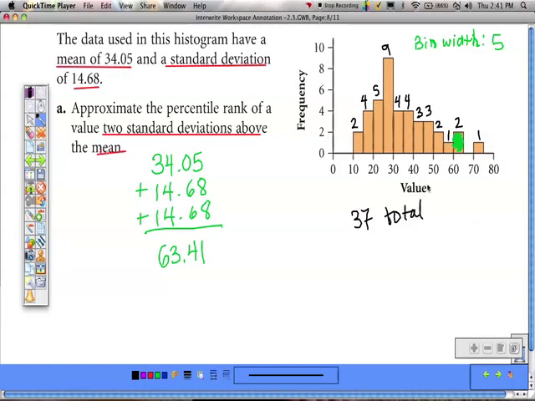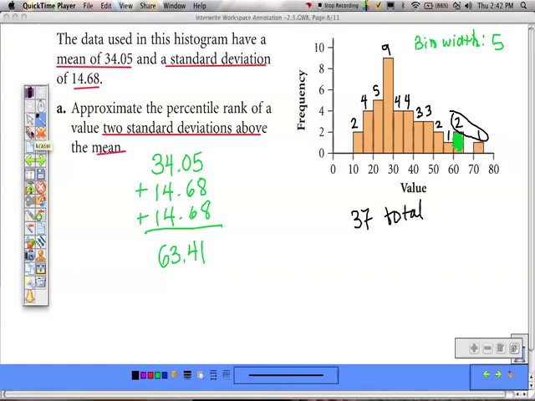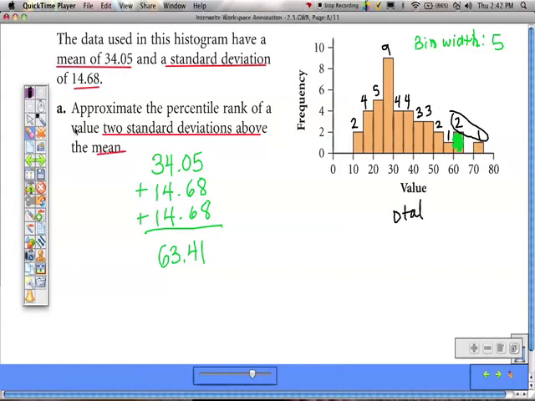Okay, so to figure out percentile rank, we have to figure out how many people are below us. So we can either count how many people are below us, or we know that there's 3 people above, or including us. I'm sorry, there's not 37 total, there's 40 total. Okay, so there's 40 total, and there's 3 above.